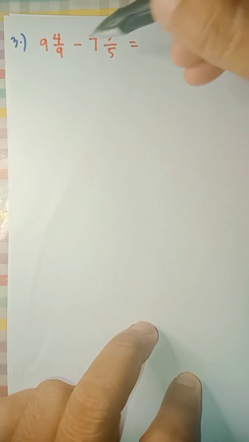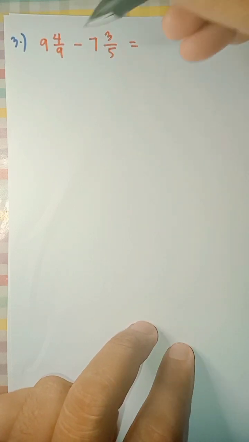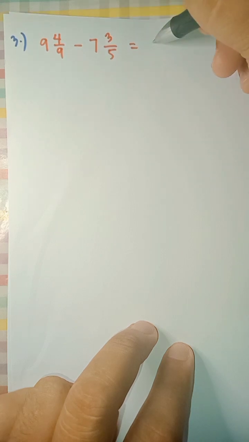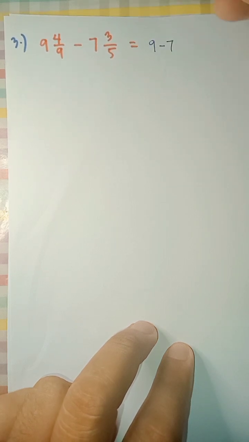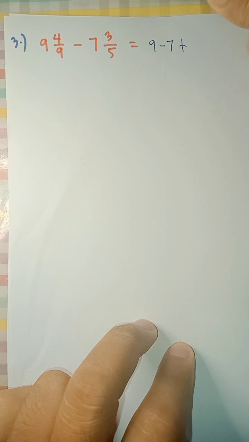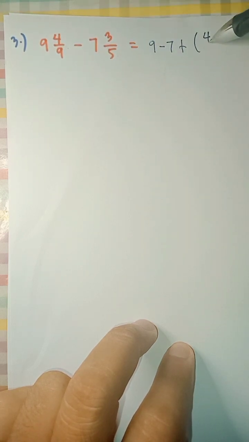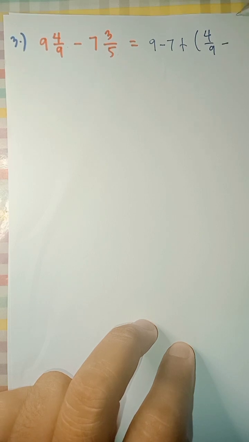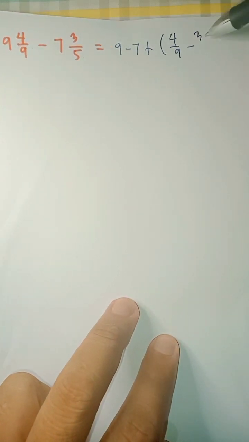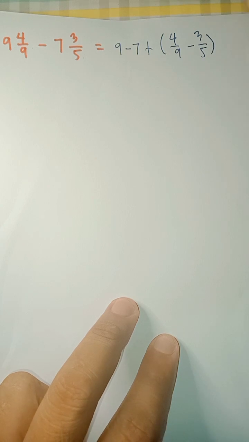So first, we have to find the difference between these two whole numbers. So 9 minus 7. Then their difference is to be added to the difference of these two proper fractions. So 4/9 minus 3/5. Now these fractions here are dissimilar fractions, so we have to use the crisscross method.